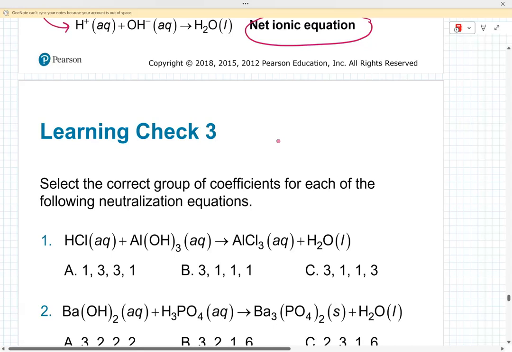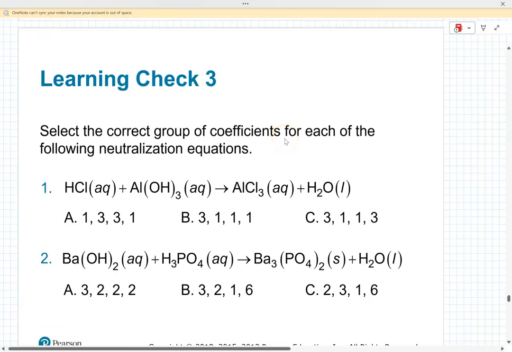So, neutralization reactions. Let's take a look. How should we balance this? So, what would be the most obvious thing to do?